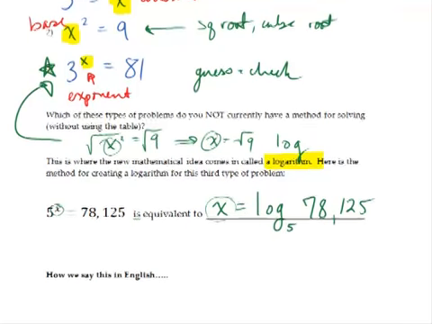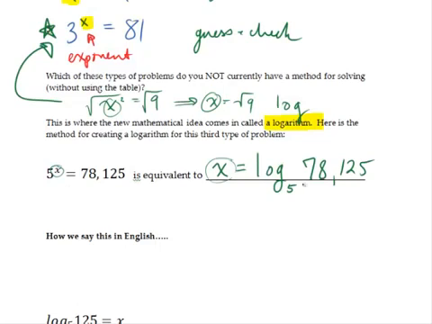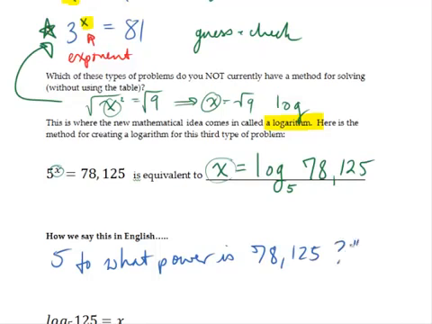So in English, it's important that you can say what a log is, and it's the same in English for both of these statements. We say 5 to what power is 78,125. Now that's easy to see when you see it here because that's exactly what it looks like. 5 to what power is 78,125? In log form, you kind of think backwards almost.